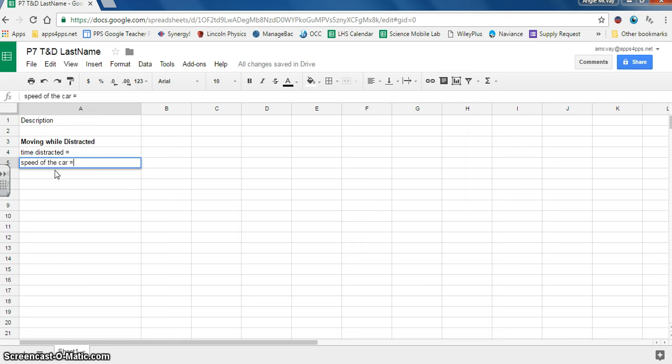And then the thing that we want to calculate from those 2 values is the distance the car moves while distracted. And equals. Okay, now I'm going to put values in cell B.